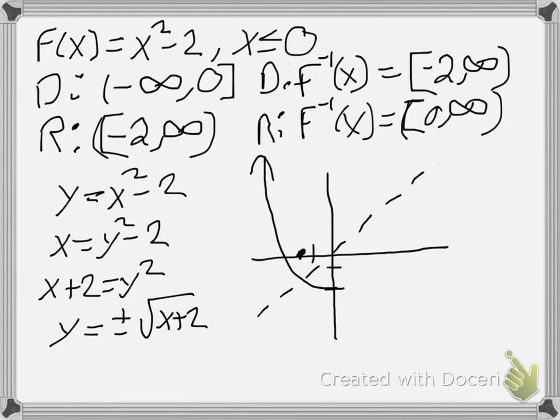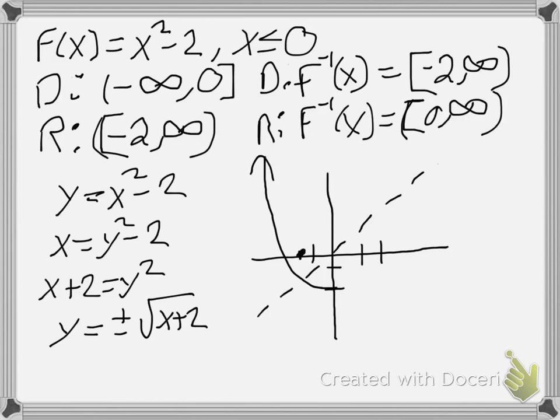Then what would I have? Okay, if I'm going positive, then I would have a point at, let's do 2. 2 plus 2 is 4, square root, that is 2.